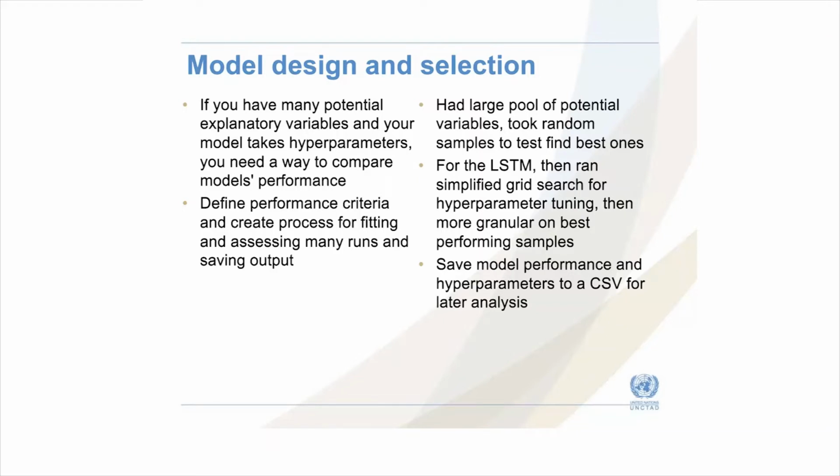For that to happen, you have to make sure you're saving the performance and the hyperparameters of each of these models to a CSV or some other way of saving it, so that you can look at the performance later on, tweak your models, and really assess your models and the hyperparameters.